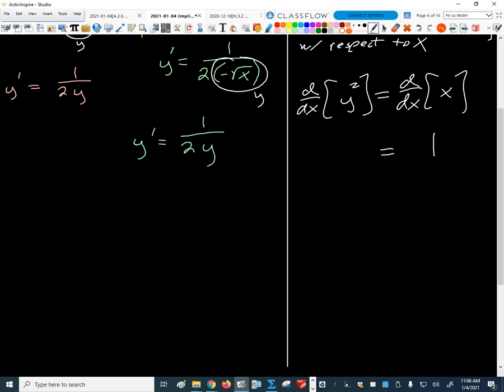This is a two-layer problem, isn't it? I'm taking the derivative with respect to x of y, or call it hand, squared. What's the derivative, first of all, of something squared? That's just 2 something to the 1, right? So I'm going to get a 2y to the 1 times the derivative of what's inside.